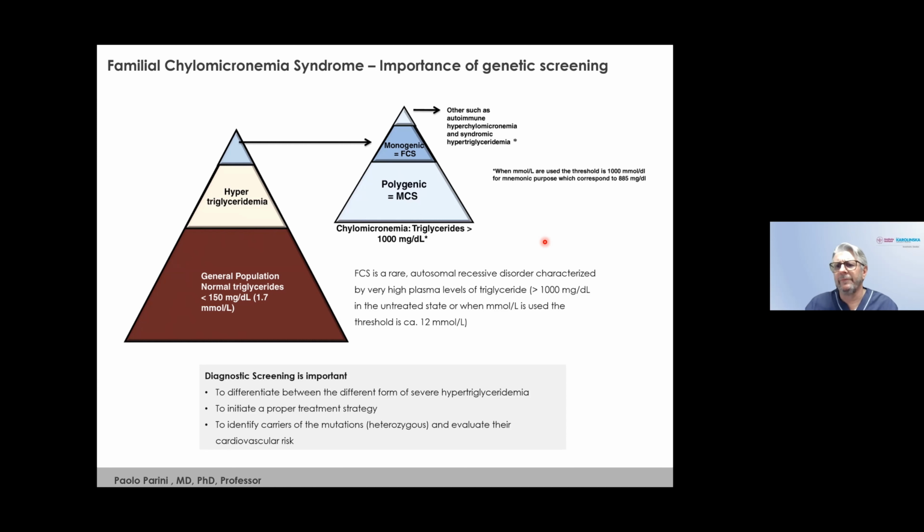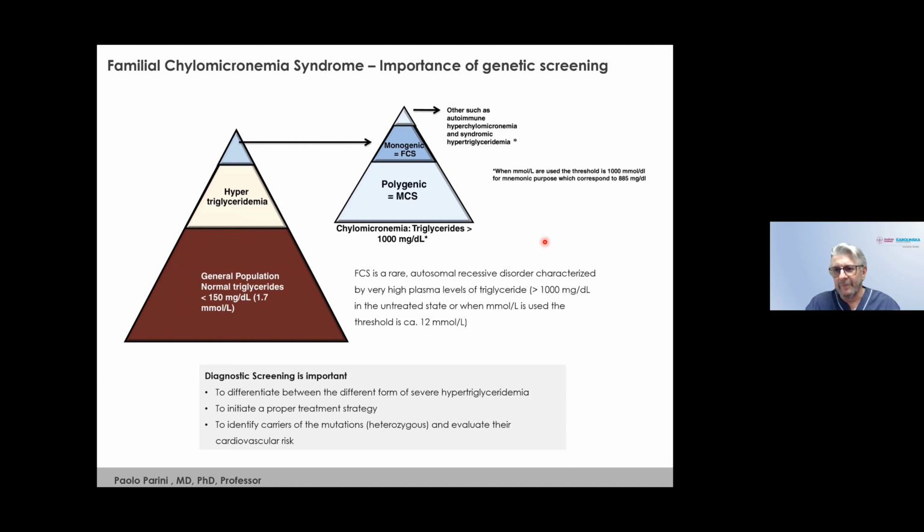It is also very important to identify the carriers of the mutations, because familial chylomicronemia syndrome is an autosomal recessive disorder, and a patient that is a carrier may give the mutated gene to the siblings 50% of the time.